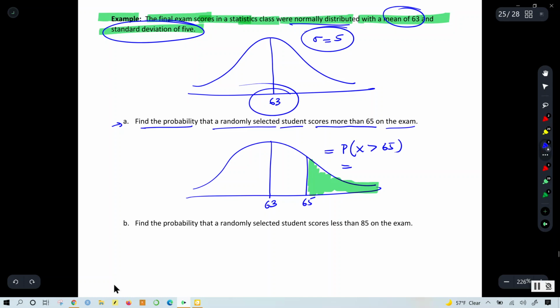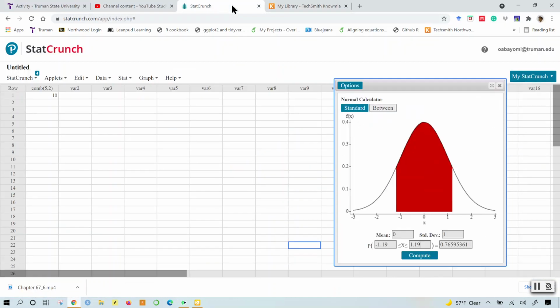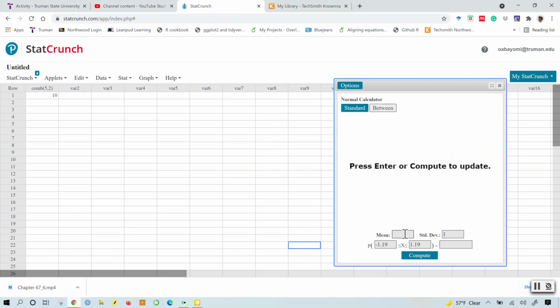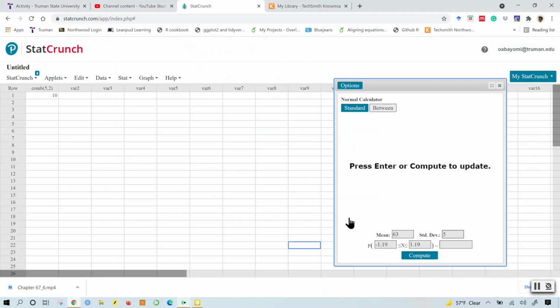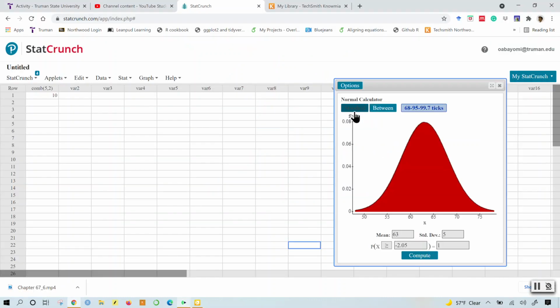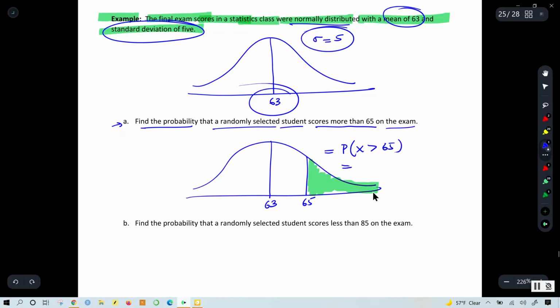So I will go to StatCrunch, key in 63, so the mean is 63, and the standard deviation is 5 from what we have. So 63 and 5. And based off that, I want greater than or equal to 65.